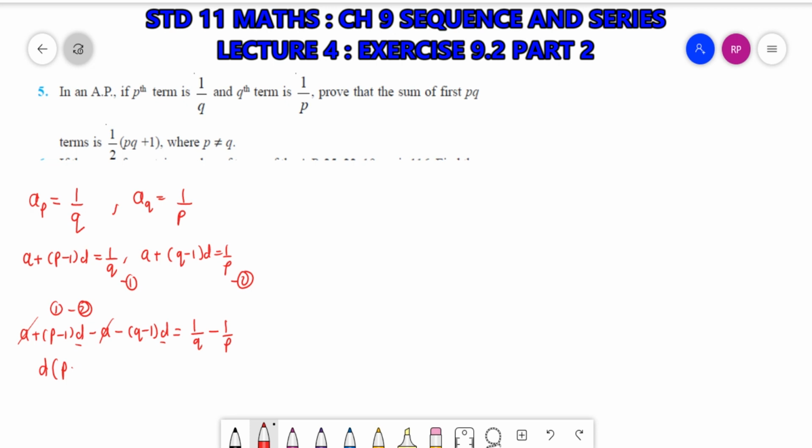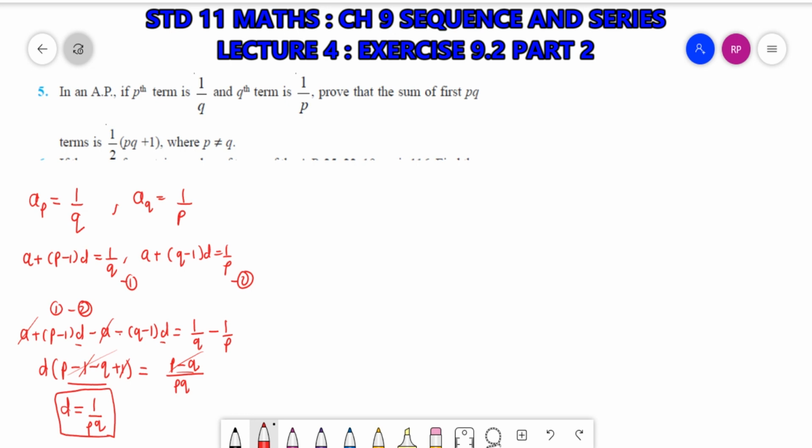It's (p minus 1) minus (q minus 1). LCM is PQ, P minus Q. So the 1 will get cancelled. Here it's P minus Q, here it's P minus Q, so that will also get cancelled. So we'll get that the difference d is equal to 1 upon PQ.